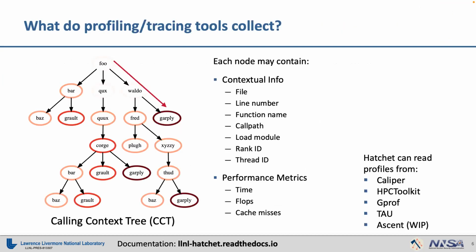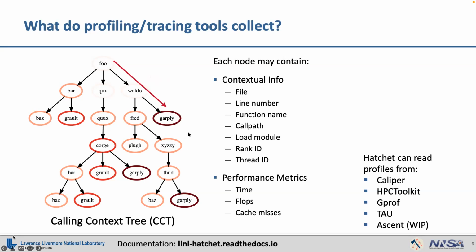So what info do we collect from these different profiling tools? The data can be stored in either a calling context tree or in a call graph, which is showing the information about which node calls other nodes. So in this example, we have Foo calls Waldo, calls Garply. And then each node in the tree might also have contextual or function level data depending on what profiling tool you're using. For each node, you might have the file where it occurred, maybe the rank ID.